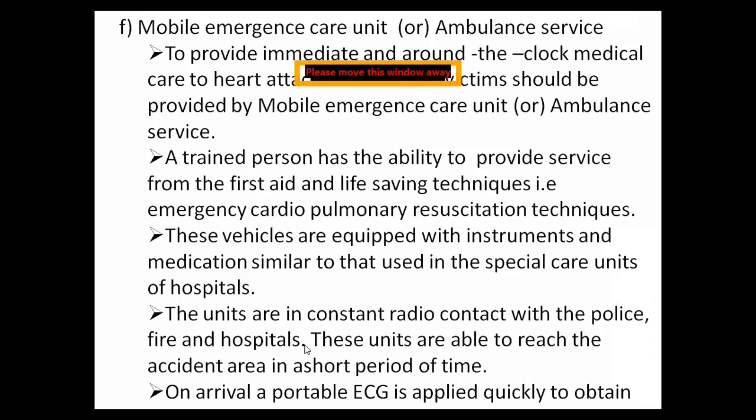To obtain this ECG waveform, we have to use a portable ECG machine. By using the portable ECG machine, we can obtain the ECG output. And if any life saving techniques are required, he will do that.